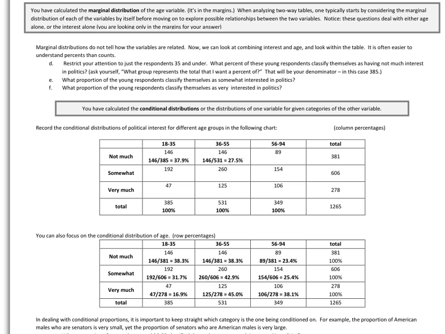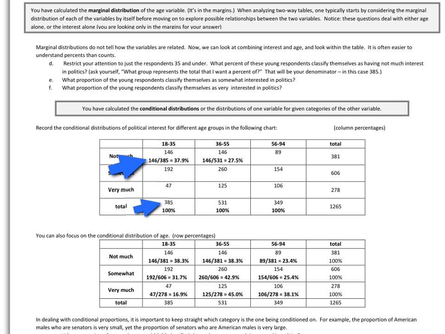So out of the group that's 35 and under, I now only want to focus on this column. How many people are in this group? There's 385. So out of 385, how many are not much interested? You guessed it, 146 out of 385, which is equal to about 37.9%.